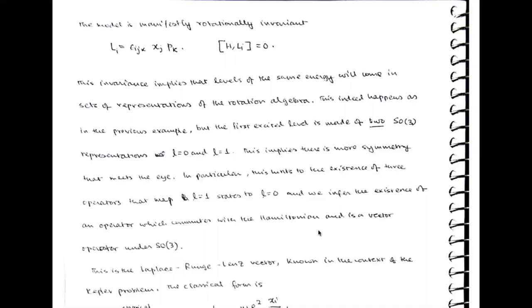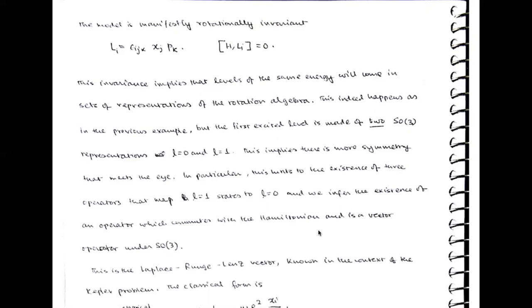Interestingly, the first excited level is not made up of one but two separate SO(3) representations: one which has L equal to 1 and the other which has L equal to 0. This implies that there is more symmetry here than meets the eye.